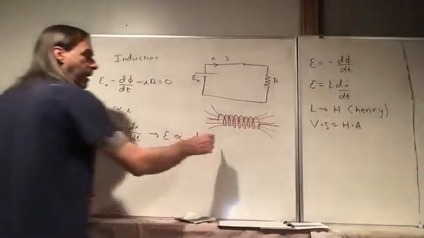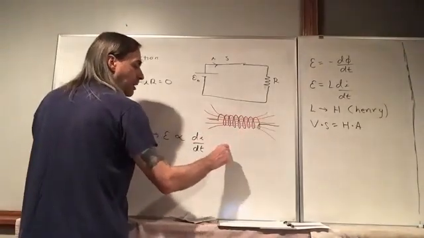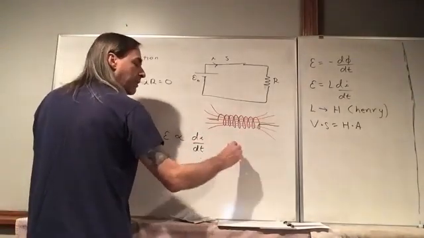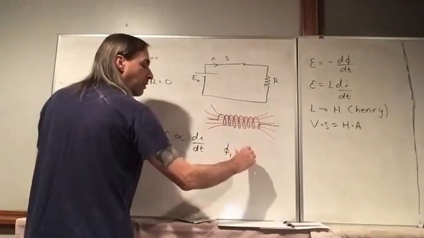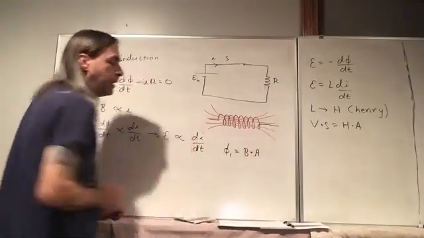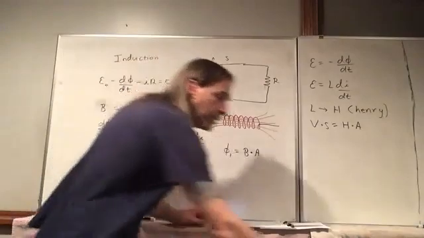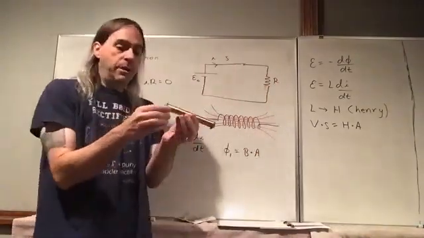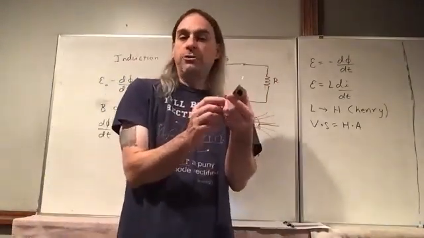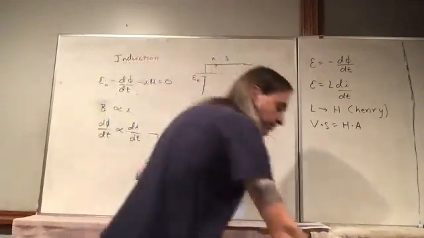And so we can say that for a solenoid, to a pretty good approximation, the flux through a single loop is going to be that magnetic field times the area of that loop. So again, here's a solenoid. The area would just be this cross section here.